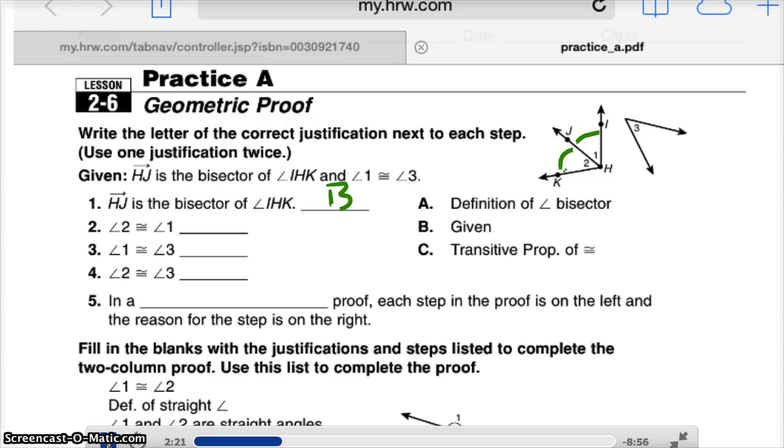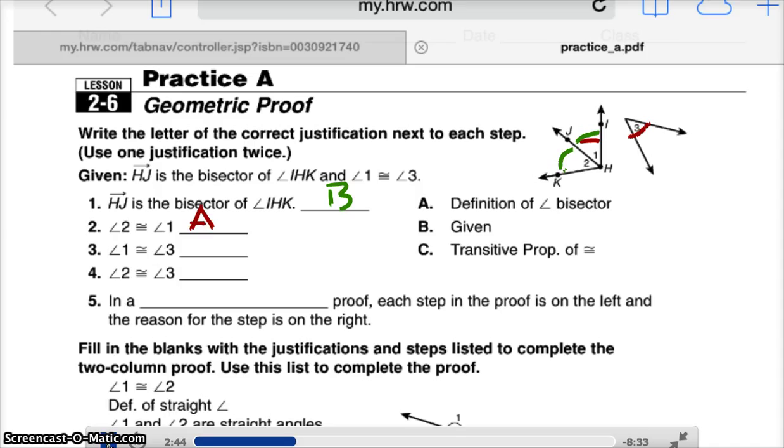Alright, and they had already told us that angle 1 and angle 3 were congruent. So I'm going to put a red arc mark and a red arc mark for 1 and 3. Angle 2 is congruent to angle 1. The reason that is true is angle bisector, because when they told us that the ray bisected the angle, then we knew that the 2 angles were congruent.